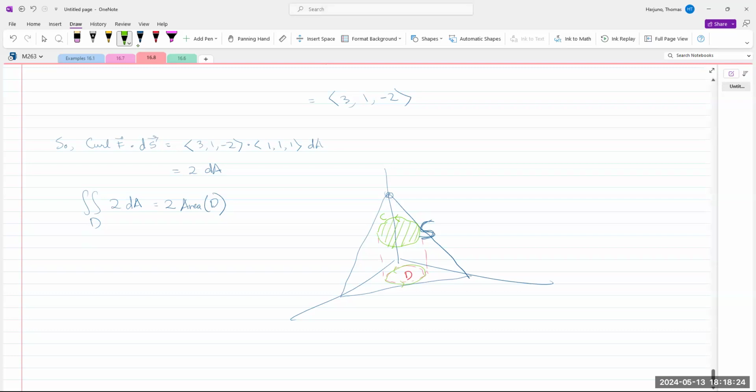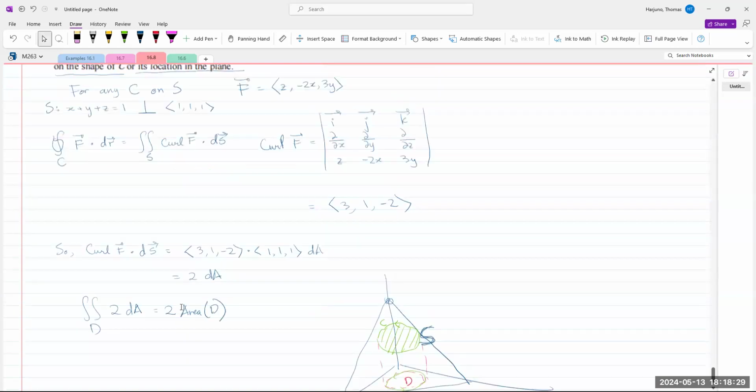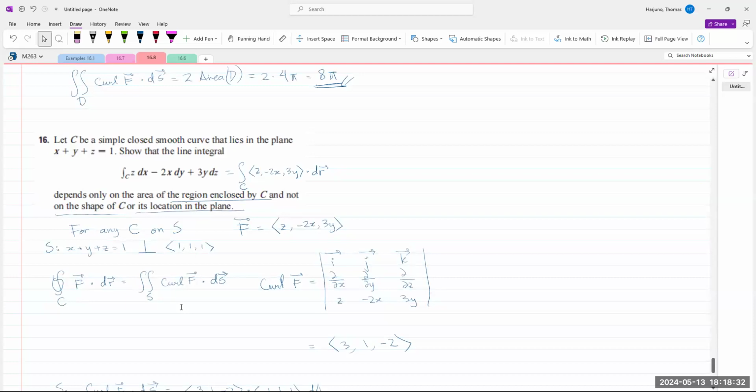That's our result. Notice that we can find the result of this integral without even knowing what C is. Notice that the area enclosed by C.